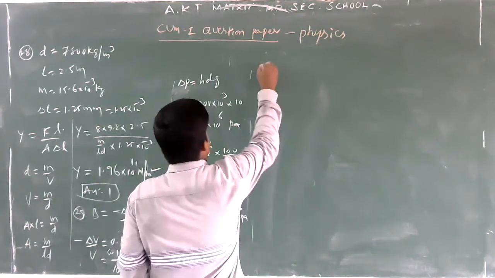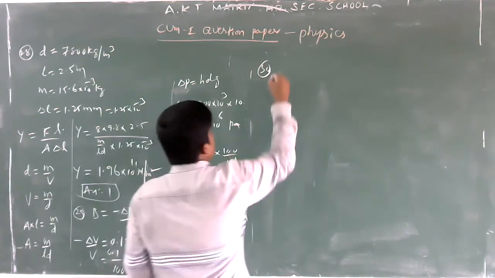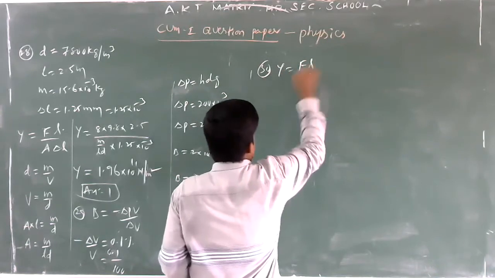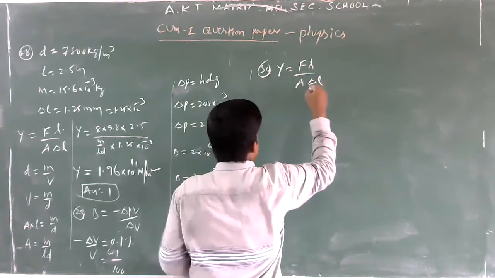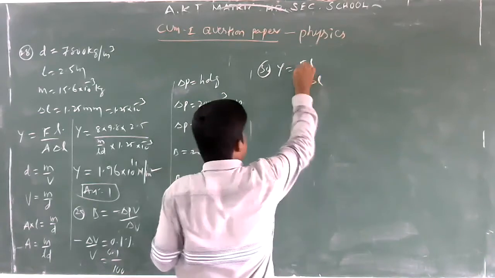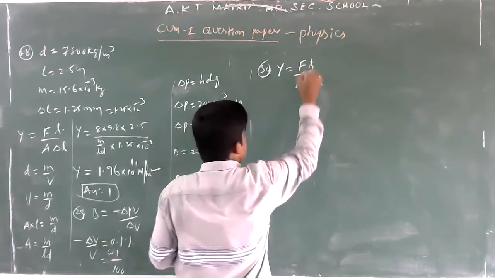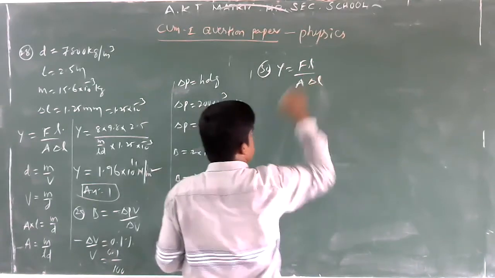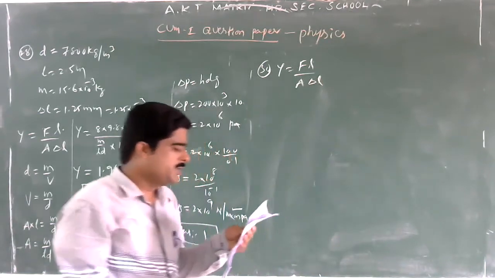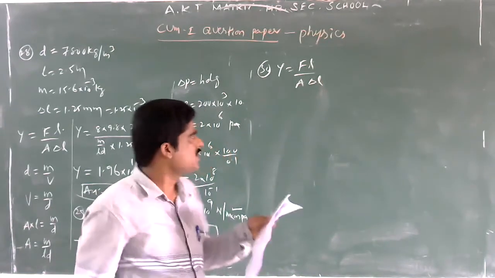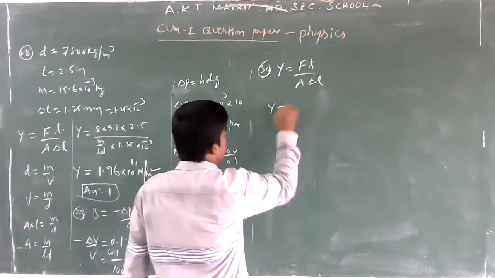For question number 30, Young's modulus Y is equal to FL by A into delta L, where F is the force applied, L is the initial length, A is the area of cross section, and delta L is the change in length. Here initial lengths and radii are given, so how do we write this in terms of radius?